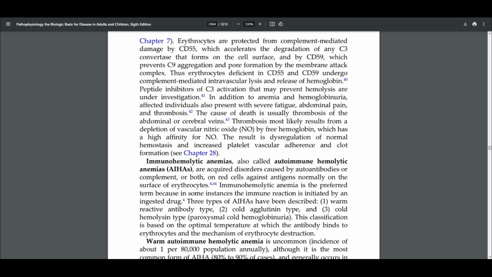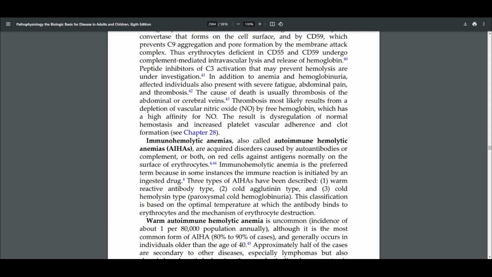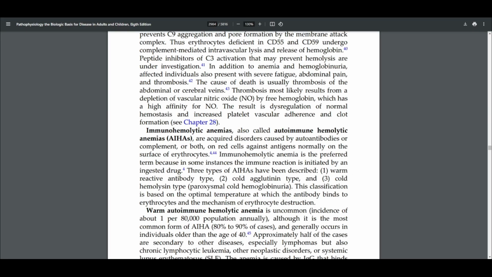Peptide inhibitors of C3 activation that may prevent hemolysis are under investigation. In addition to anemia and hemoglobinuria, affected individuals also present with severe fatigue, abdominal pain, and thrombosis. The cause of death is usually thrombosis of the abdominal or cerebral veins.